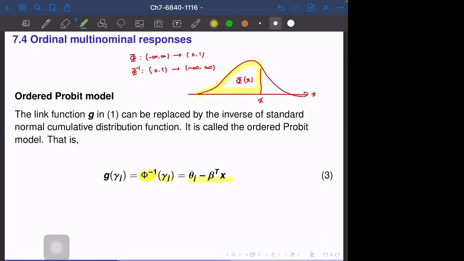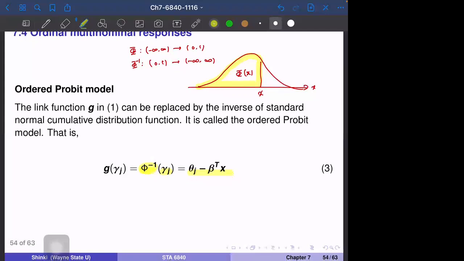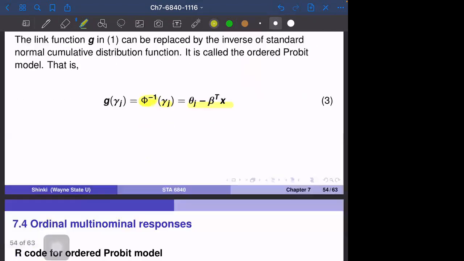Besides the normal distribution, multivariate distributions are really hard to extend, even the t distribution. How do you define the multivariate t distribution? It's not that simple. The downside is calculation. Phi inverse doesn't have a specific analytic form, so it may take more time to calculate the value of this function.